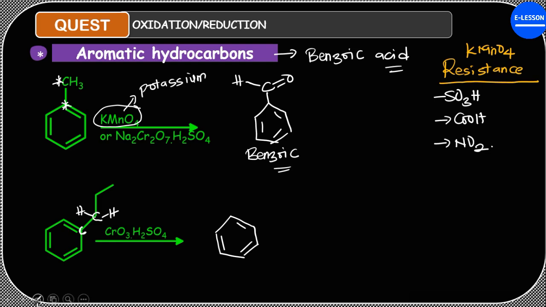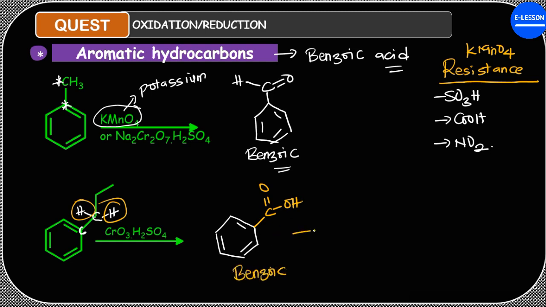So this is where the reaction will take place in this particular compound. Hence, this part will leave. So the product of this reaction would be C double bond O, and here is OH. And this is also benzoic acid.